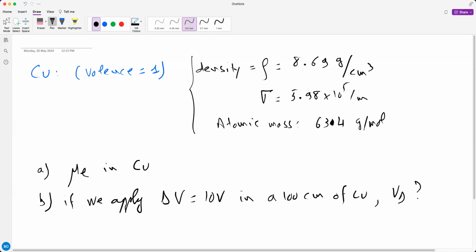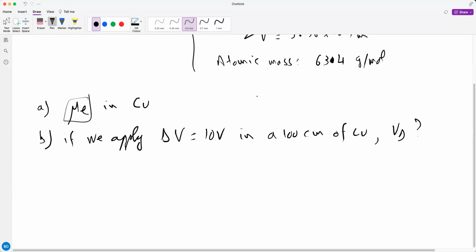Now I want to calculate the mobility of electrons in copper. So what is the mobility? Yes, the conductivity is given. So we know that the mobility is equal to, which equation did we see?